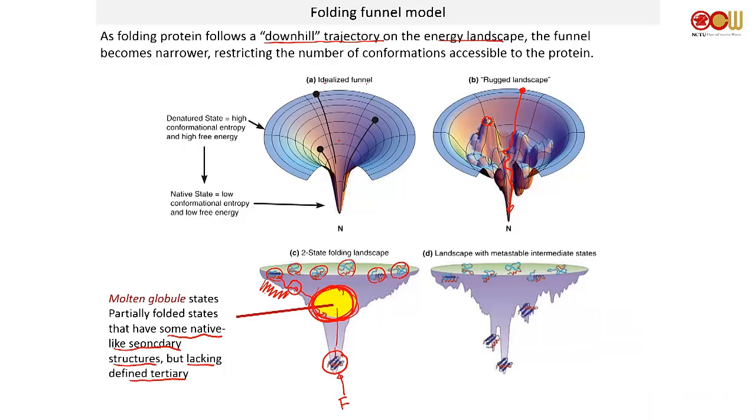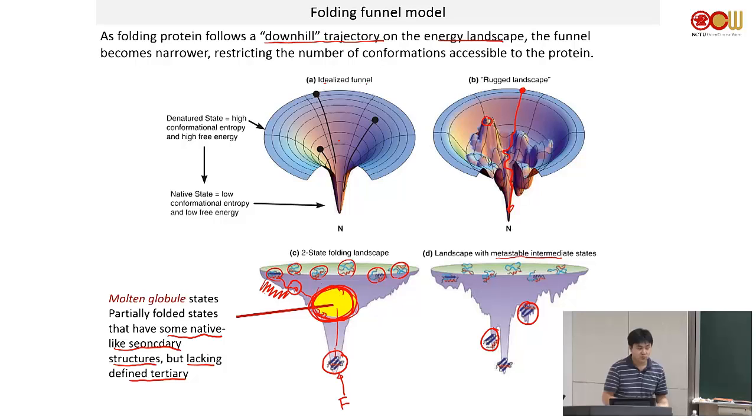Now, sometimes you get to these metastable intermediate states. These are intermediates in protein folding. Remember we went through the exercise of what is stable, metastable, and unstable. Anything unstable is something that you cannot trap; it just spontaneously becomes something else. Metastable is like an intermediate that you can trap, but it's not the final product.